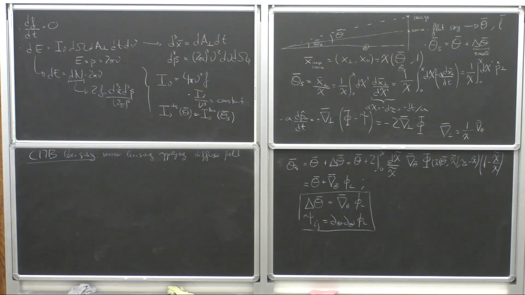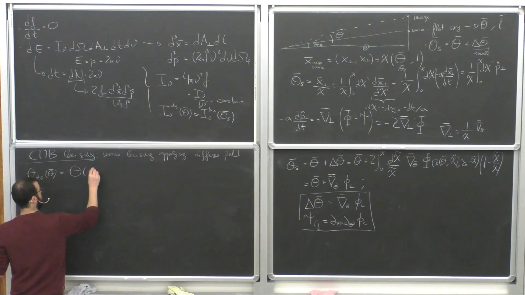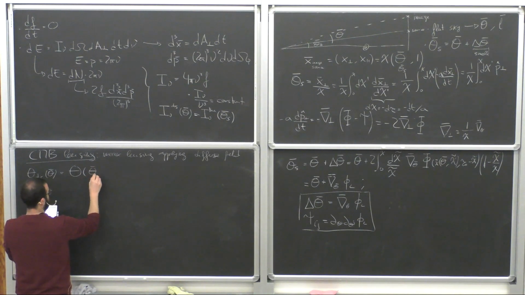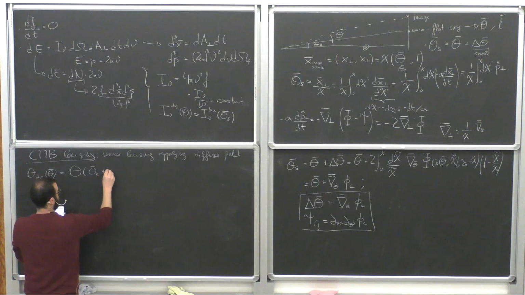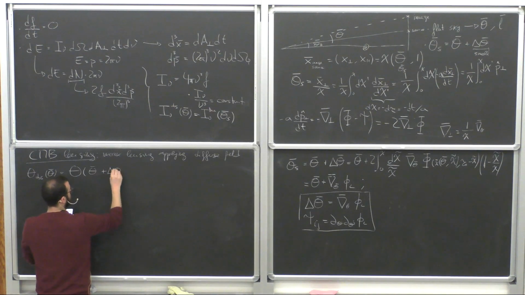Okay, so working in the flat sky limit, the observed perturbation that comes from a given position on the sky corresponds to the true primary anisotropy at a given angle plus the deflection angle.